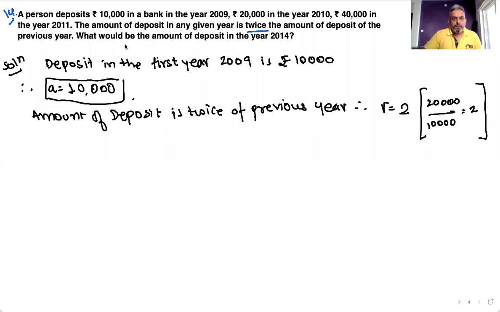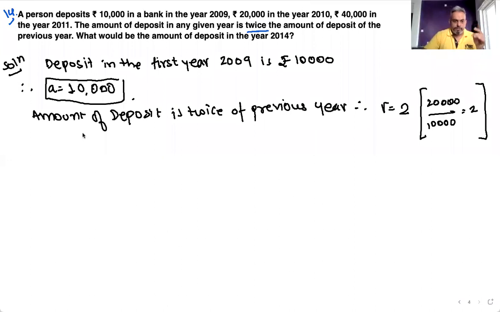Now, the amount is twice. What would be the amount of deposit in the year 2014? So let's count 9, 10, 11, 12, 13 and 14.